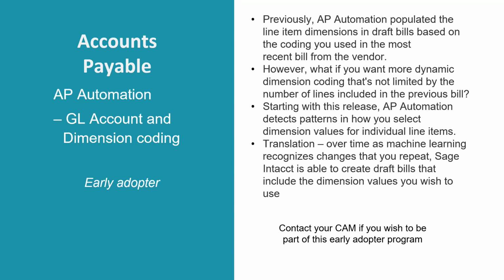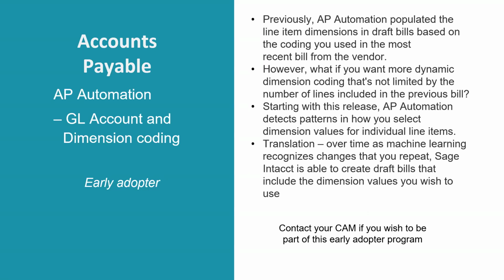So if you would like to be part of this early adopter program, please let us know right away, because the early adopter programs do fill up rather quickly. And we'll see what we can do to get you part of this AP automation early adopter program for testing out and starting to use the more robust dimension coding memorization with AI.